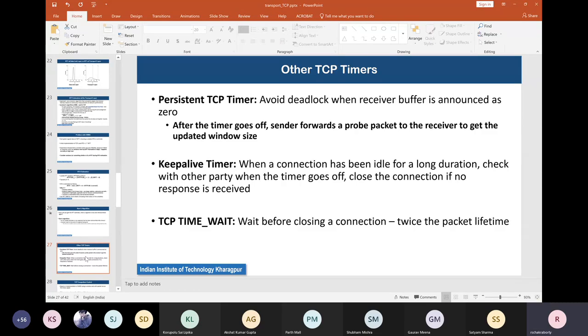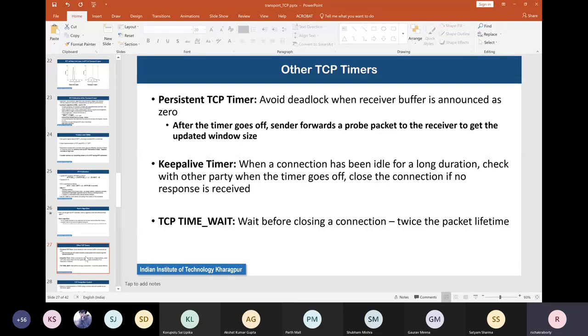It's not that the other side's window is zero; maybe the other side's window is non-zero. So you could have sent something and the other side acknowledged it, but then the other side has suddenly become silent. So you ask, what do you plan? Do you want to continue or not?